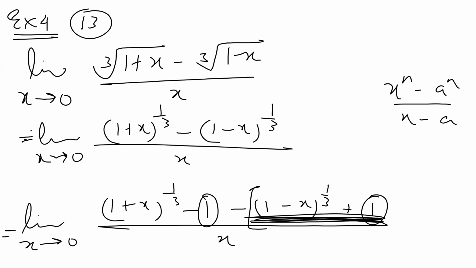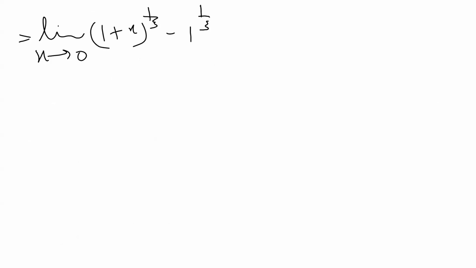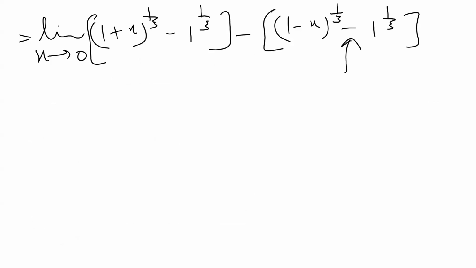So that's that: 1 raised to 1 by 3 minus (1 minus x) raised to 1 by 3 minus 1 raised to 1 by 3. We took a bracket, this became minus. At the same time, I'll split that x which was there in the denominator.